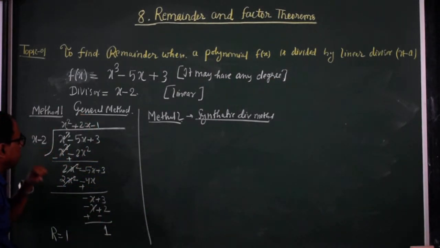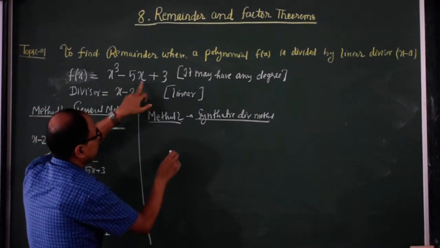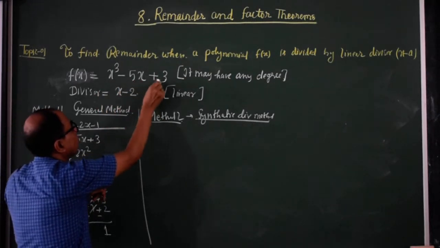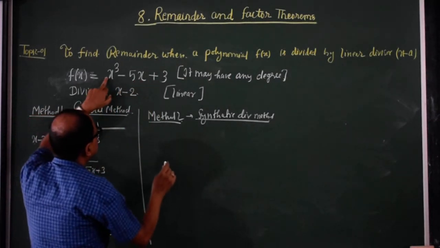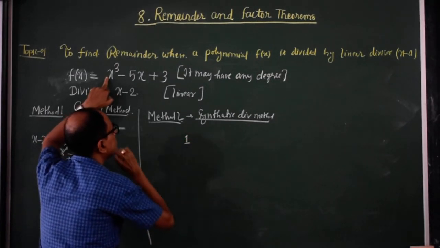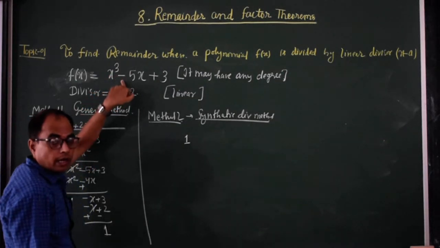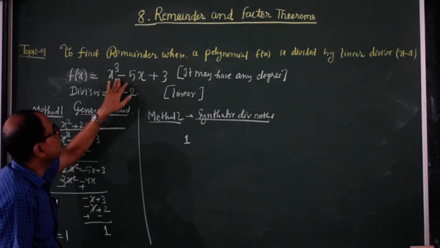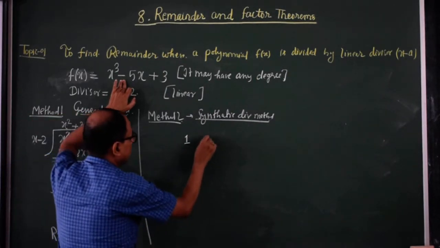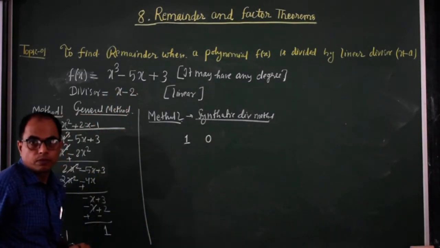What you have to do here is write the coefficients of the polynomial. Here the coefficient of x cube is 1. Next term should be x square, but x square is not here. If any term is missing, then in that place write the coefficient 0.